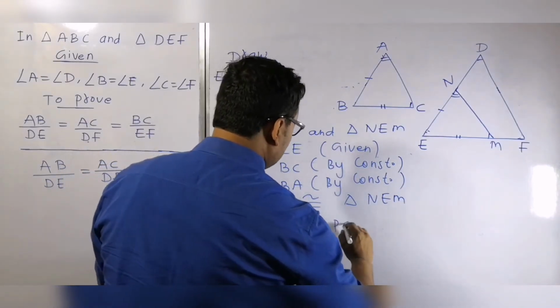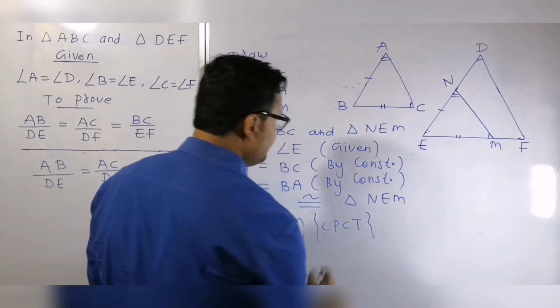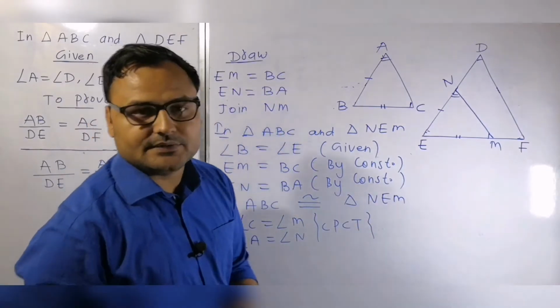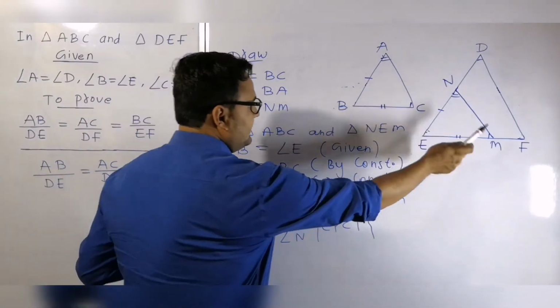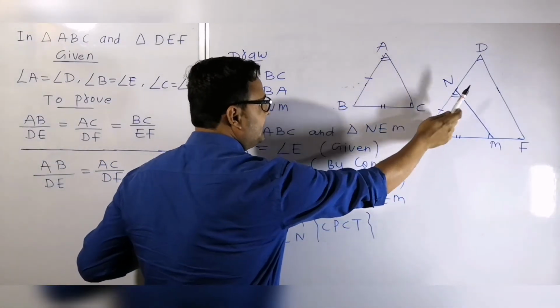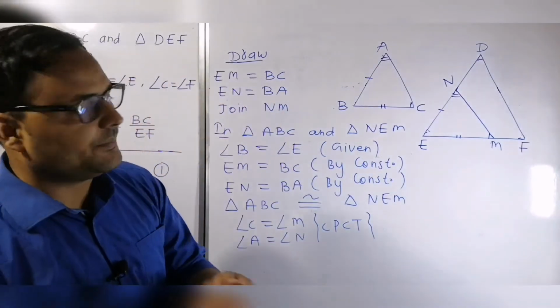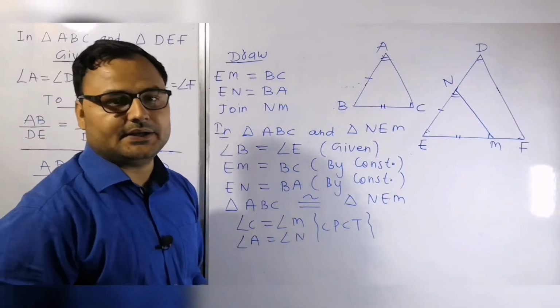They are also by CPCT, corresponding parts of congruent triangles are equal. Angle C equal to angle M and this equal to this. Again copy that one, we have to continue.